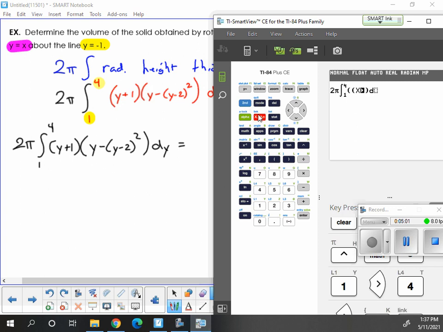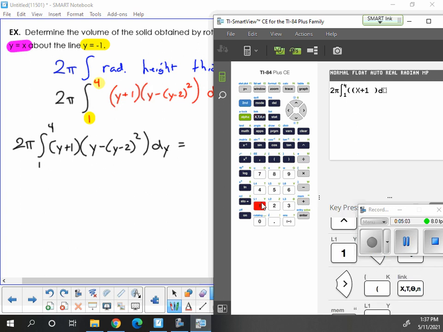So x plus 1. And again, I'm using my x variable, so it doesn't matter if I use the same variable all the way across, times (x minus 2) squared, and then close my parentheses there.